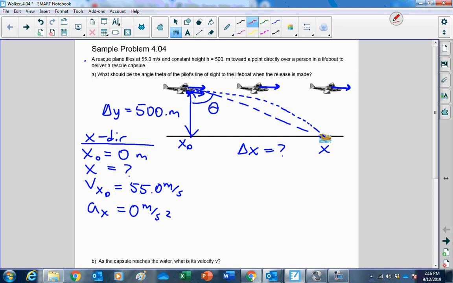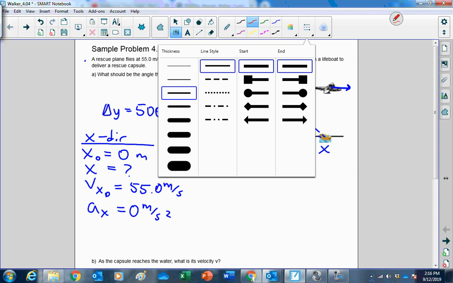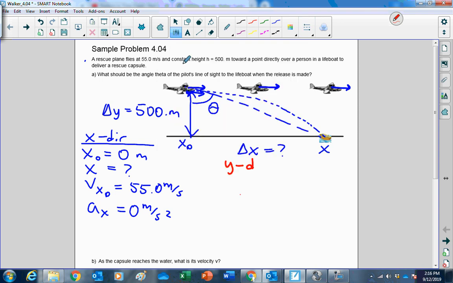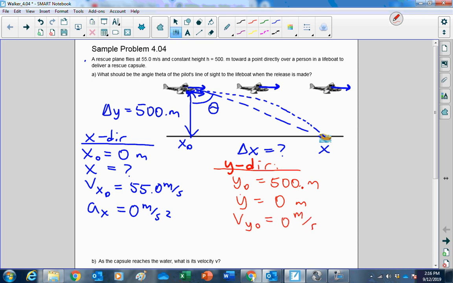The y direction stuff, I know that the capsule begins 500 meters up in the air and it falls to the surface of the water, and it does not have a velocity in the y direction.